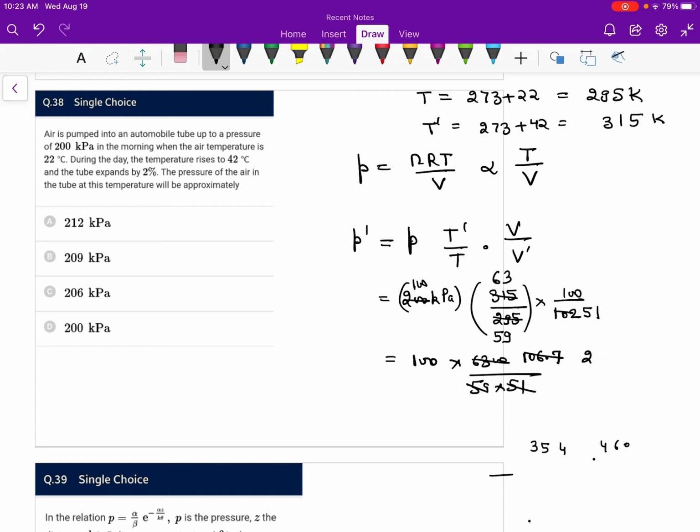Now 51 2s are 102, so 2.09. So this is 209 kilopascal. So B is the correct option.